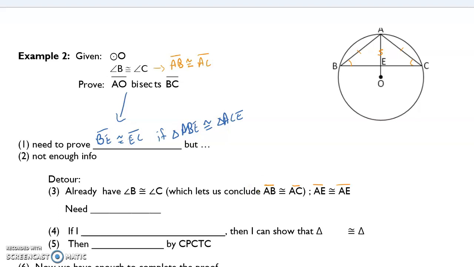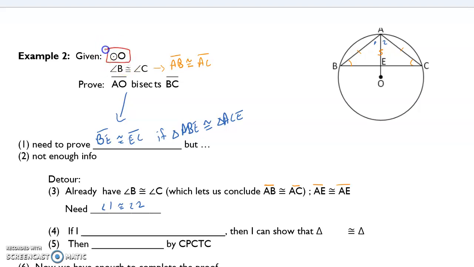So if I could somehow find, let's say, this angle, I'll call it angle 1 and angle 2, to be congruent, then I'd have side angle side, I'd have angle side angle, I'd have a lot of different ways to do this. So how do I do that? If I can get angle 1 congruent to angle 2, then I can make this proof. So there is something missing that I can still do.